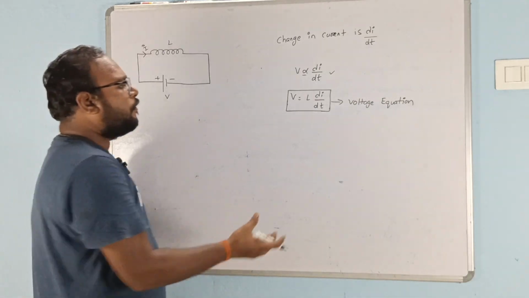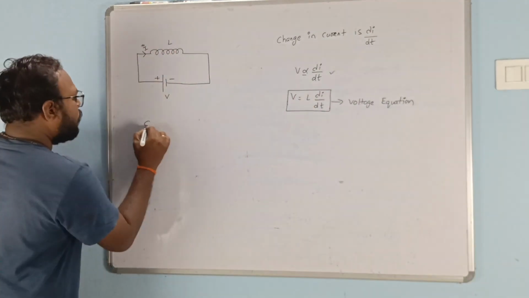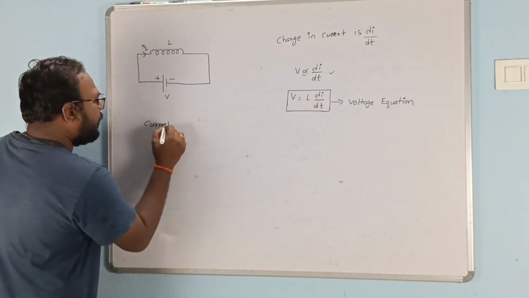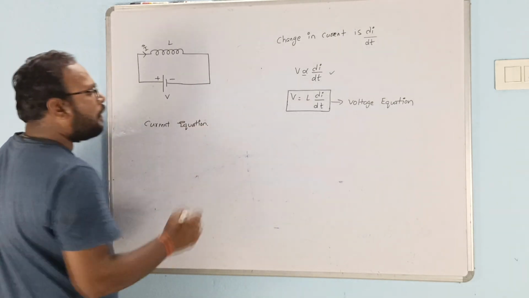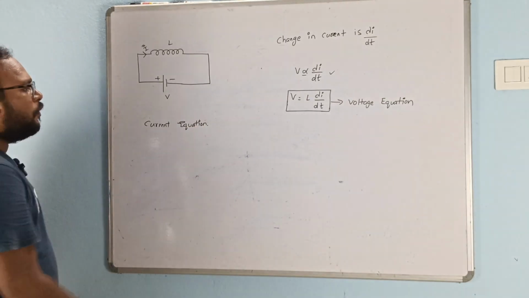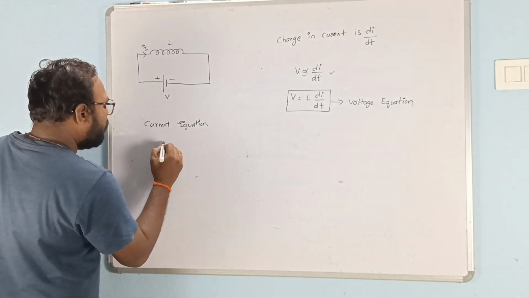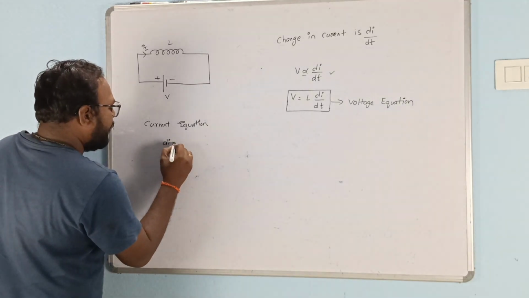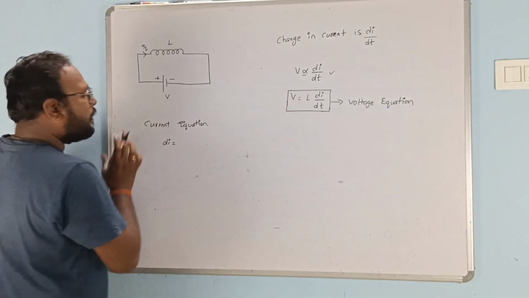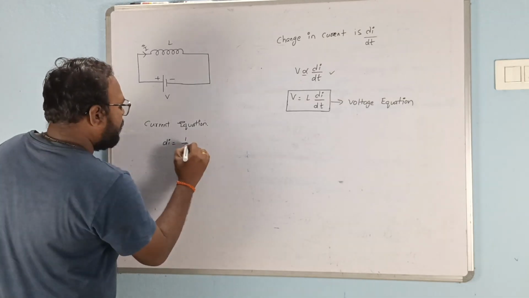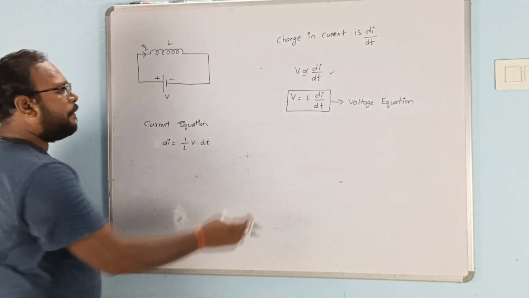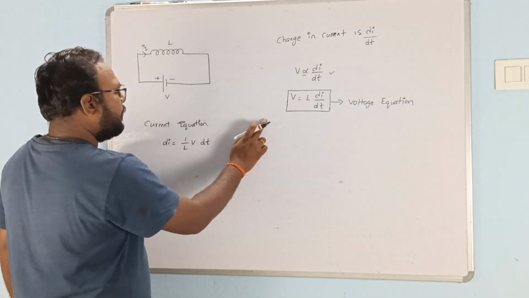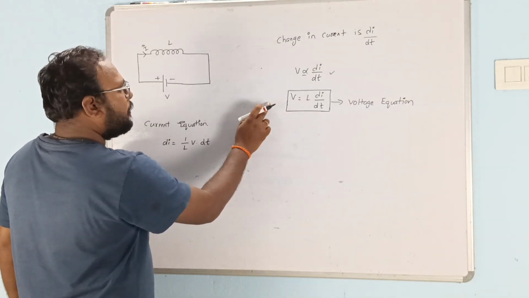From this voltage equation, we are going to find the current equation of this particular inductor. From this equation, di equals 1 by L V into dt. L comes to this side and dt goes to the other side.